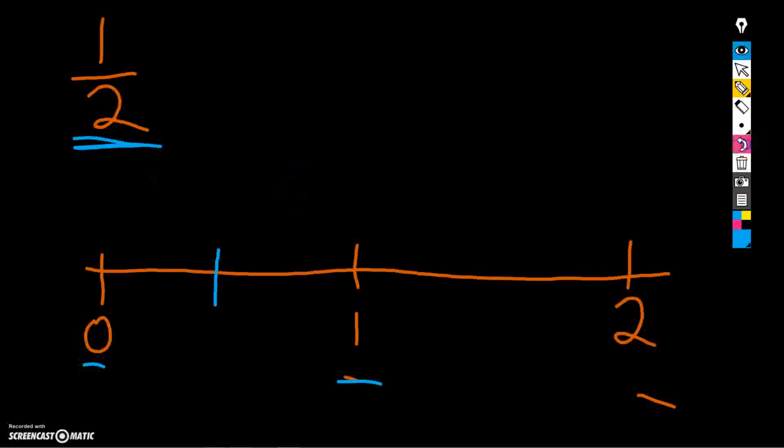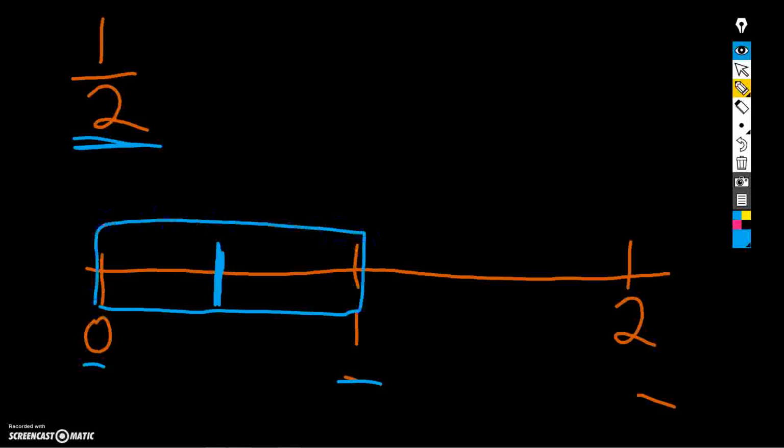All right? And so this blue line here has a name. It's a number. It's between 0 and 1. And the way we think about this is we think of this like a big rectangle. If we go like that, how many equal parts do we have? We have 1, 2. So the space from here to here is 1 out of those 2.